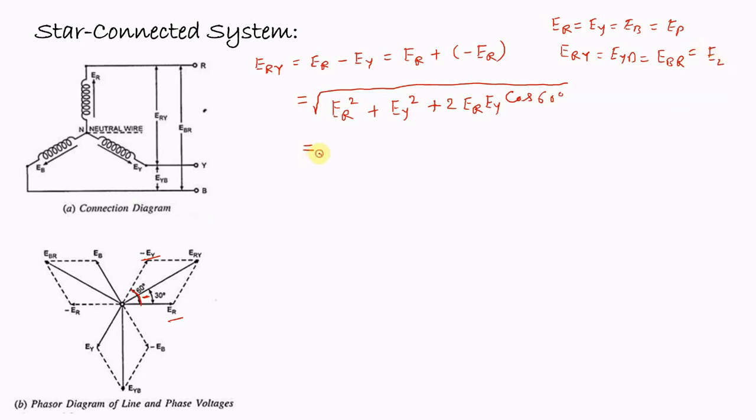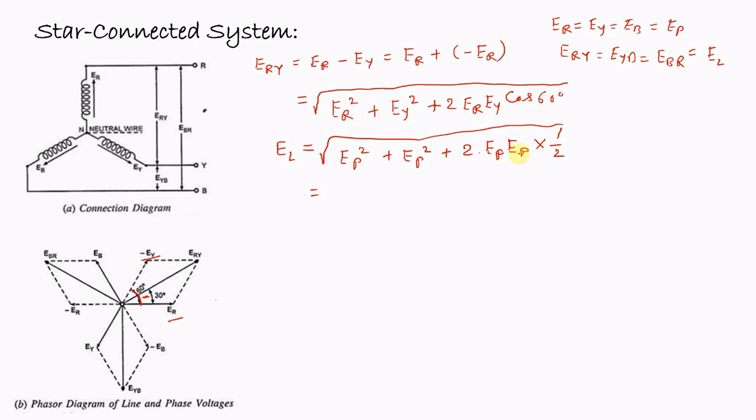So here we can write E phase square plus E phase square plus 2 into E phase into E phase into cos 60 degree, that is 1 by 2, and ERY is as EL, that is the line value.